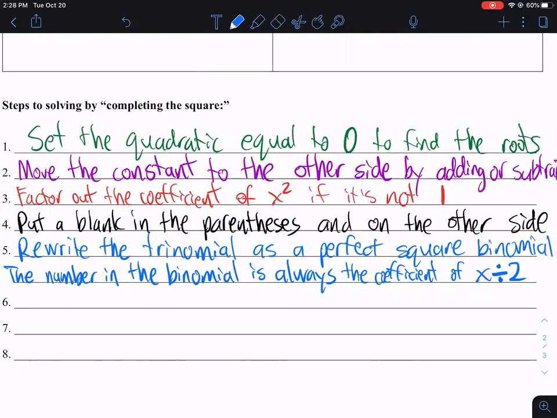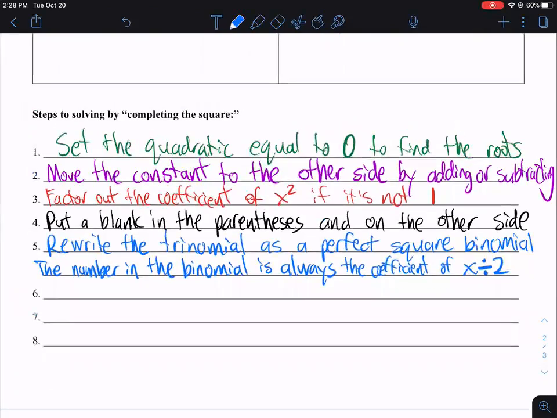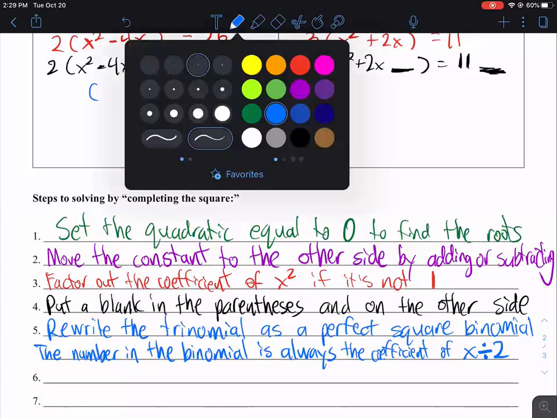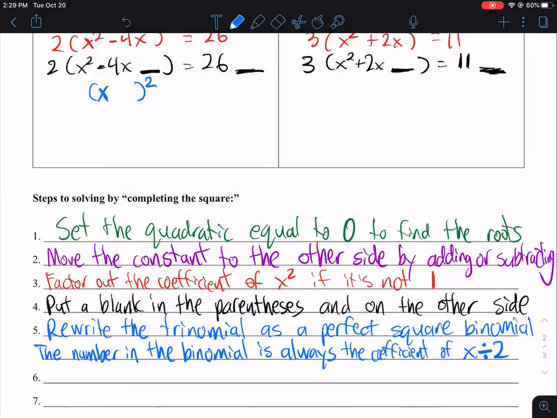We just now need to see how that first page is connected to this page. Over here, it always starts with x in the parentheses, right? That's what we noticed on the previous page. But then this number in the binomial, again, is always half of this, or this divided by 2. So -4 divided by 2 then would be -2.